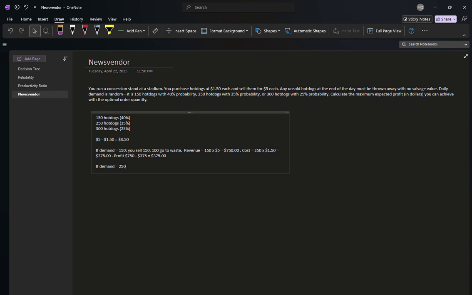So let's see what it would be if demand equals 250. Demand is 250. That means you sell all 250. So that would be 250 times $5 minus $1.50. That would equal $875.